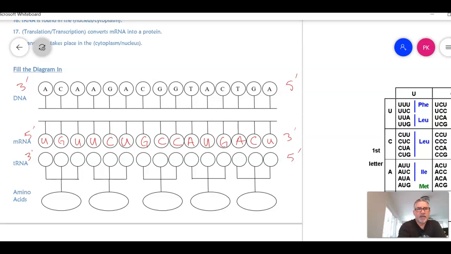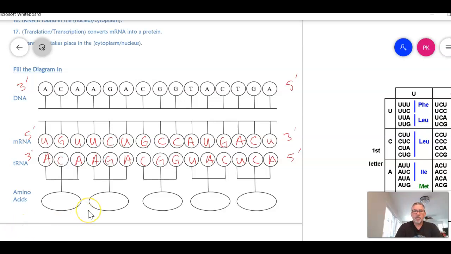So it's the same as the DNA essentially. So ACA, AGA, CGG. Remember, there's no T's, so this would be U, AC, and then I would have a U, CA.